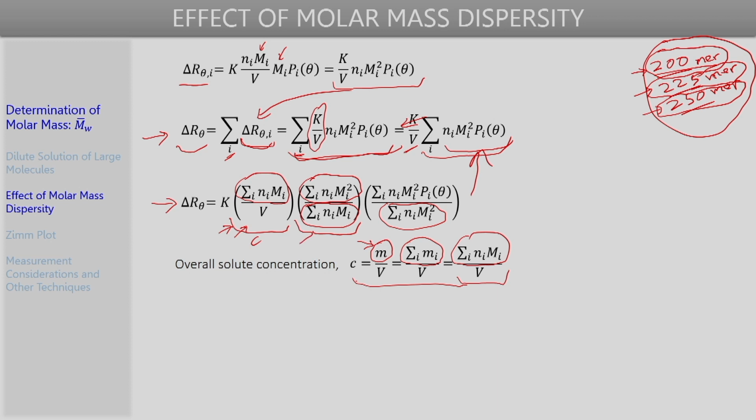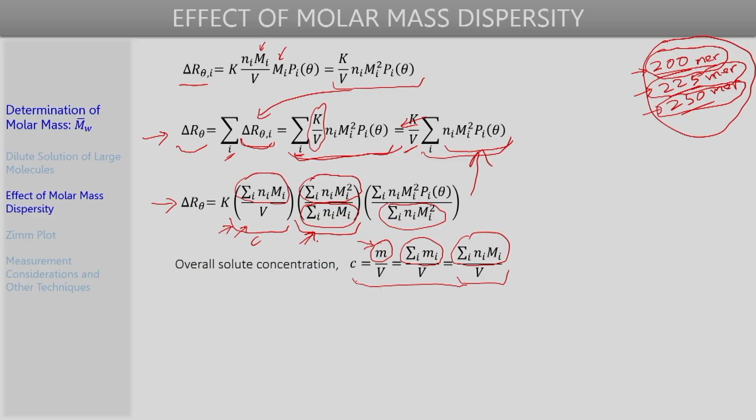This second term, if we look at this term now, is from the definition of the weight average molar mass that we discussed in the very first, introductory lecture. So, from that it should be evident that this expression here is just that of the weight average molar mass of our polymer sample.